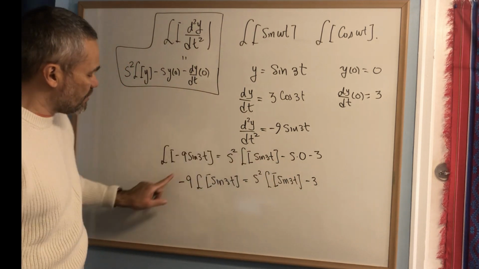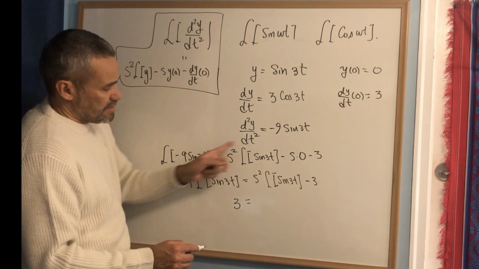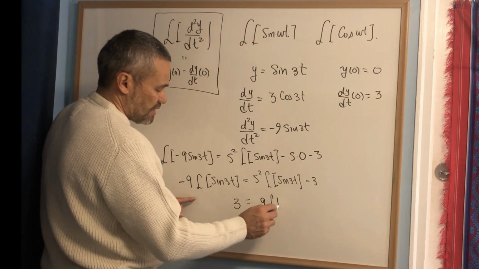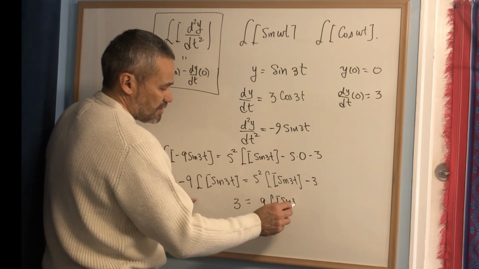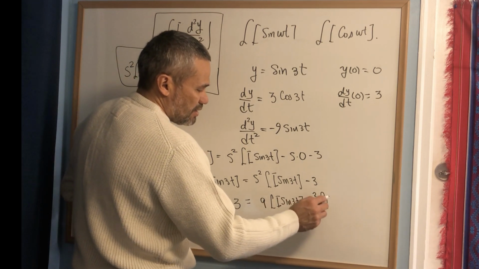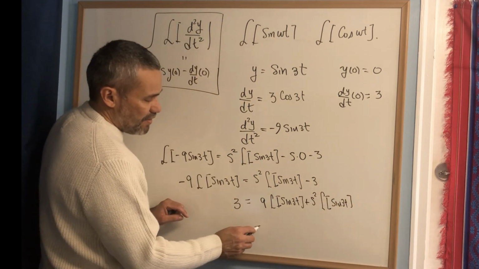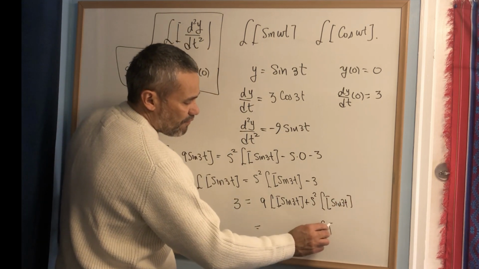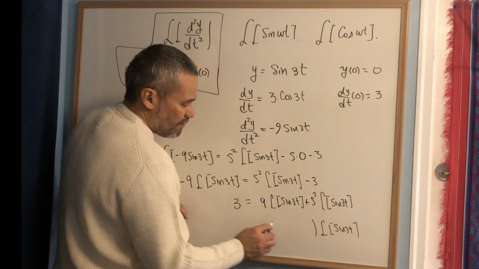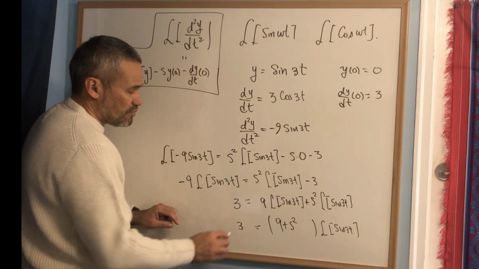We're going to move this 3 to the left, and we're going to move this 9 to the right, and it will be 9 times the Laplace transform of sine of 3t plus s squared times the Laplace transform of sine of 3t. And we can factor out the Laplace transform of sine of 3t. It will be a factor of 9 plus s squared, and this is equal to 3.